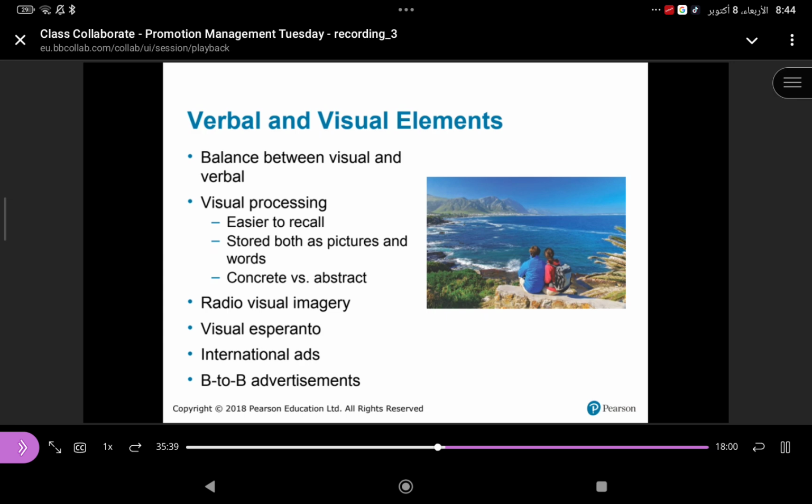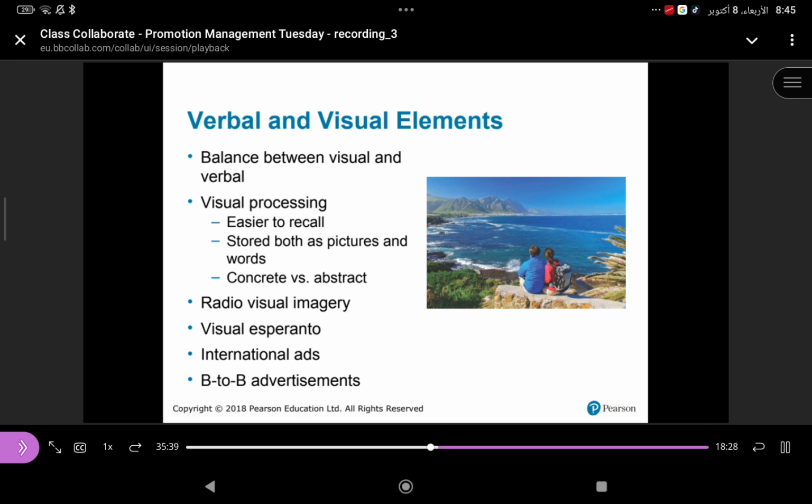They reinforce the brand identity through slogans, taglines, and deliver persuasive arguments. Like Almarai says, quality you can trust. So all these things are interrelated.